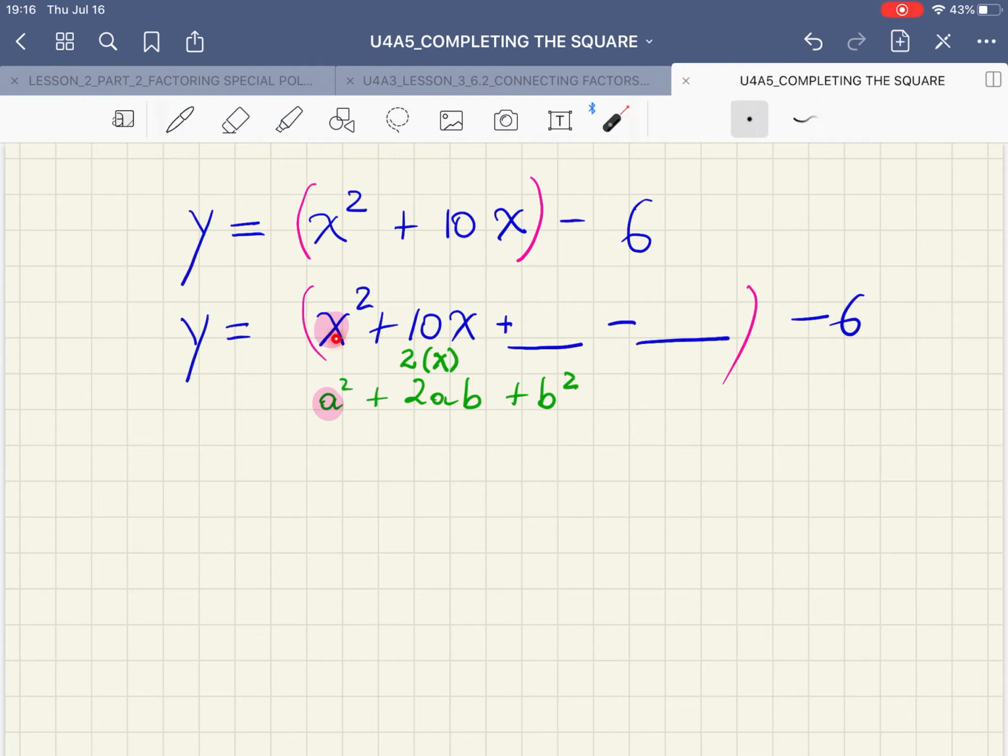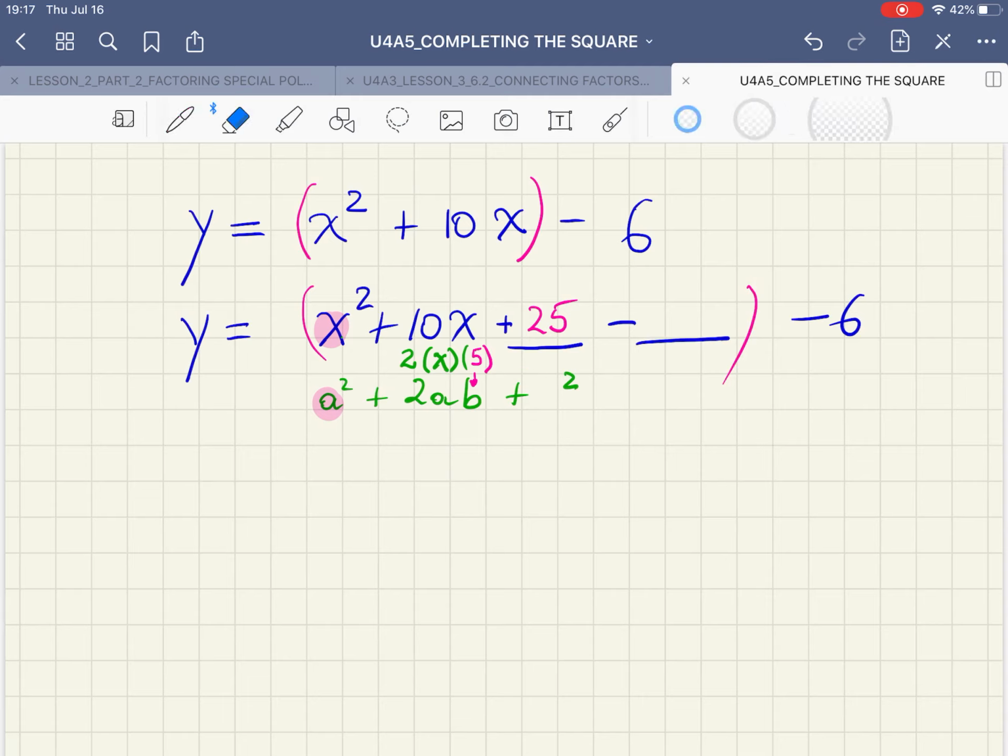Then we think, what else have I multiplied 2x with that I got 10x? I know that I'm in a perfect square, so I need to multiply here by a 5. So here goes a 5. This 5 will tell us what the b value is, which means that right here, I need to write the number 25.